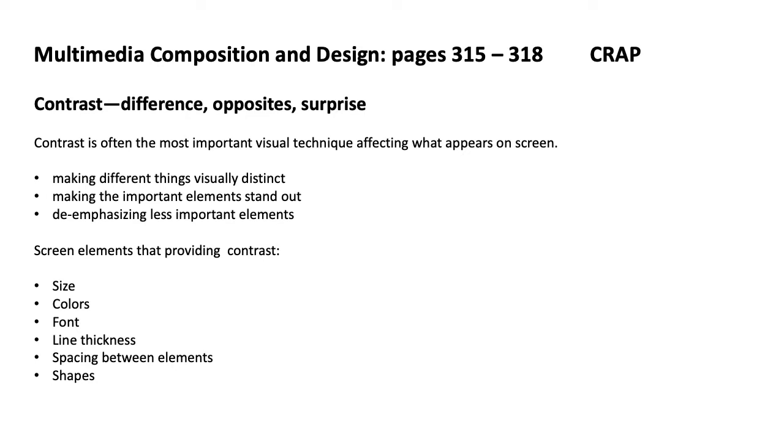We know that headings are always a larger size font than the body text. You could play around with styles too. So maybe a more decorative font in some situations and a more standard font in others. Line thickness, the spacing between elements, shapes, square versus round. Okay, so you get that idea.